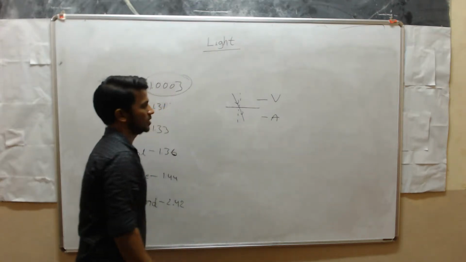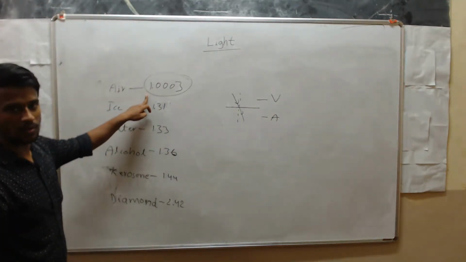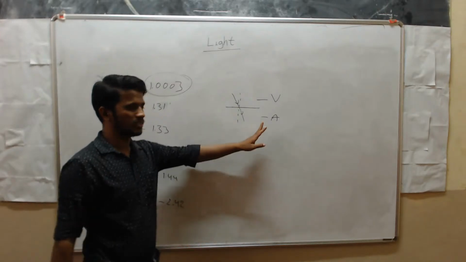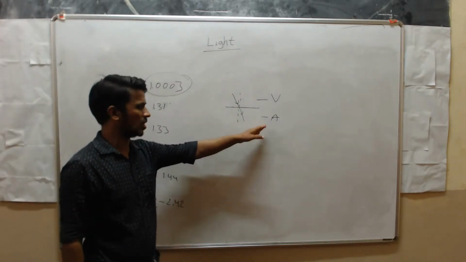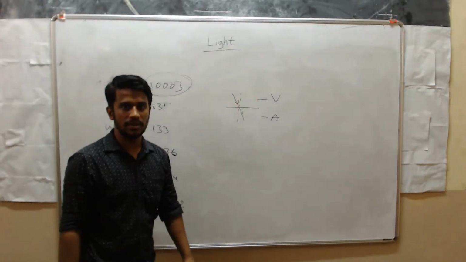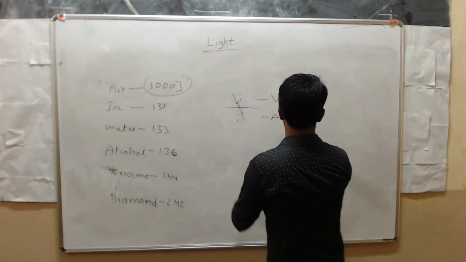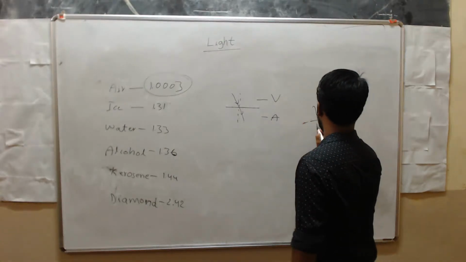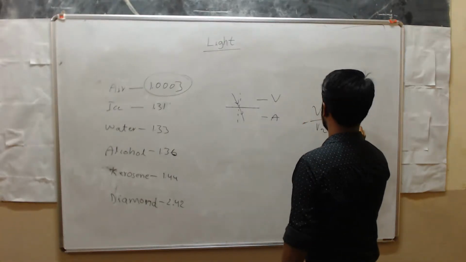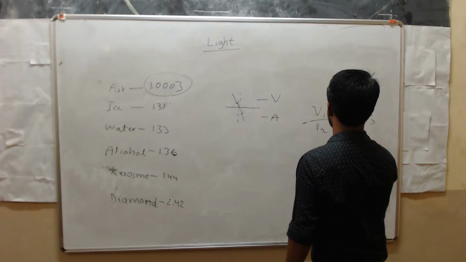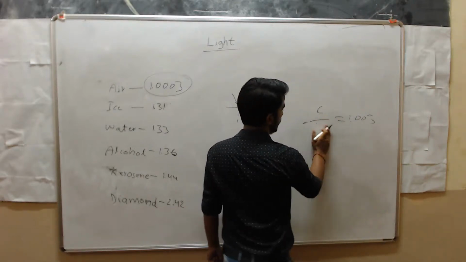Here the refractive index is almost 1. Why? Because the speed of light in air medium is very slightly less, almost equal to the speed of light in vacuum. So taking the ratio, we got 1.003, or we can write, sorry, C by V.